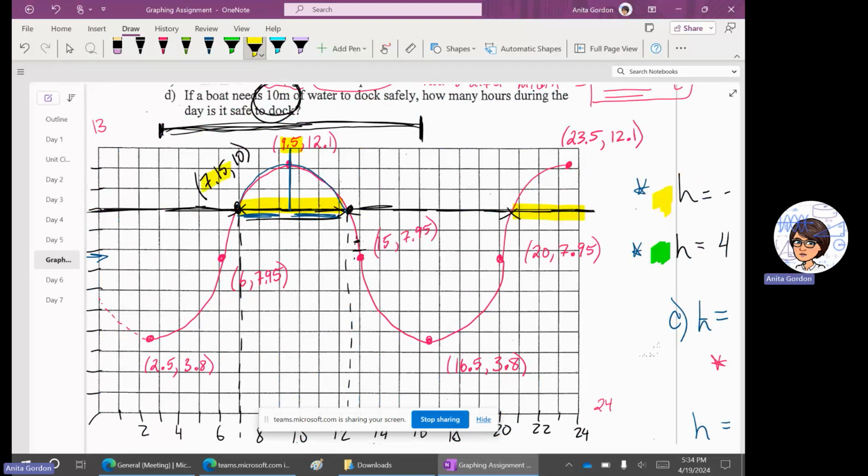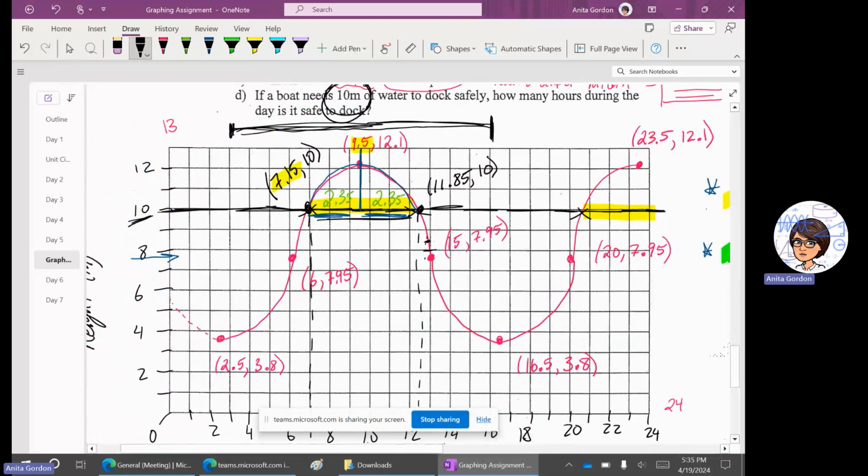So I'm going to say 9.5 minus 7.15. How many hours is that? That is 2.35 hours, which means this is 2.35 hours. So to find the other point, 7.15 plus 2 times 2.35, this coordinate is at 11.85 and 10. 10 because that was the height I solved for.